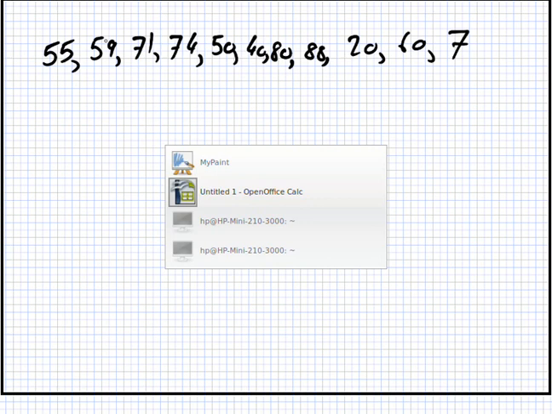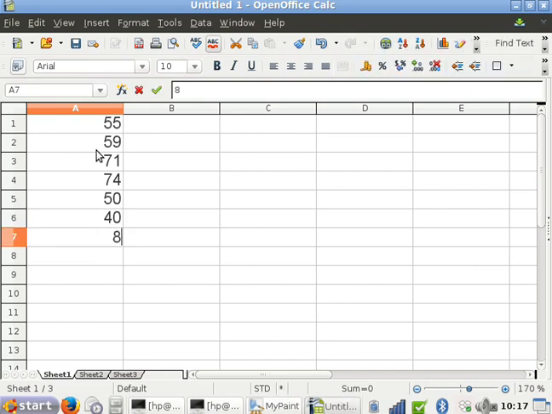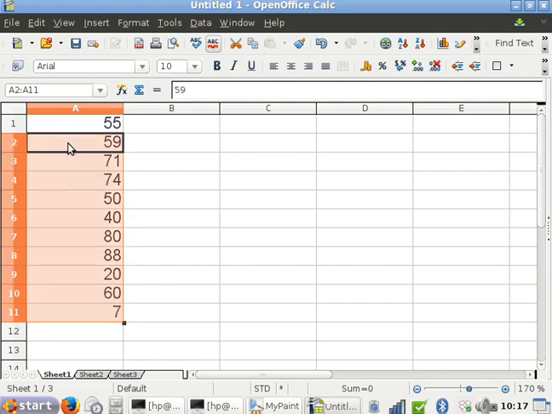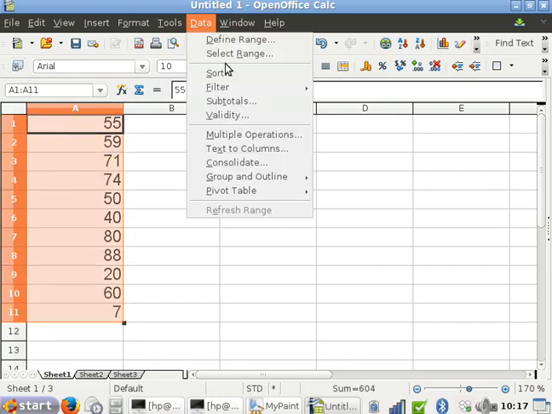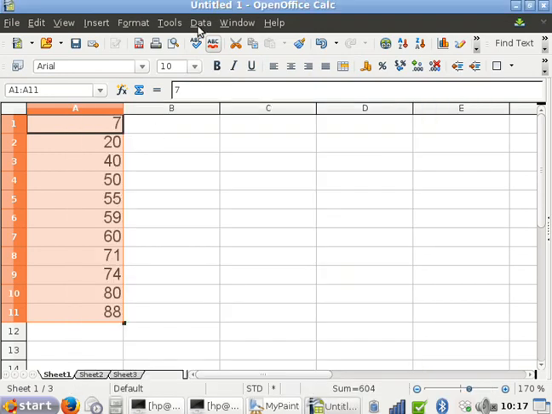So I'm curious to see what Open Office does here. 55, 59, 71, 74, 50, 40, 80, 88, 20, 60, and 7. So we'll have to sort these. Data, sort. We'll put the biggest one on top.